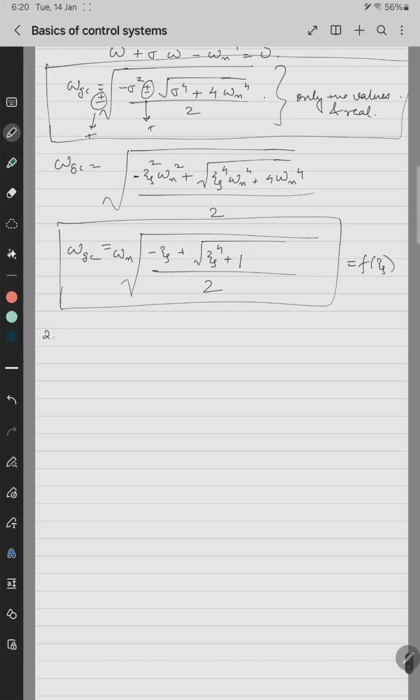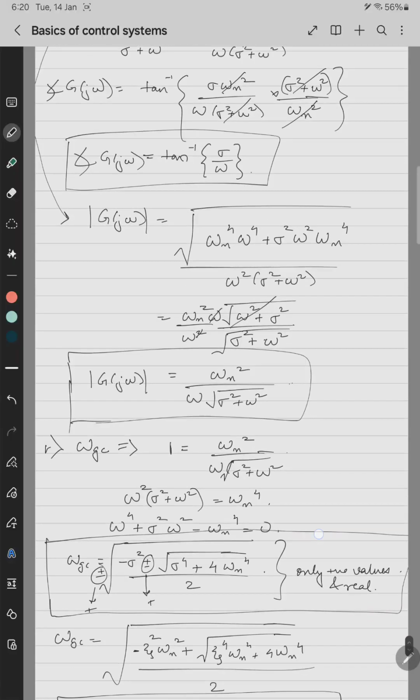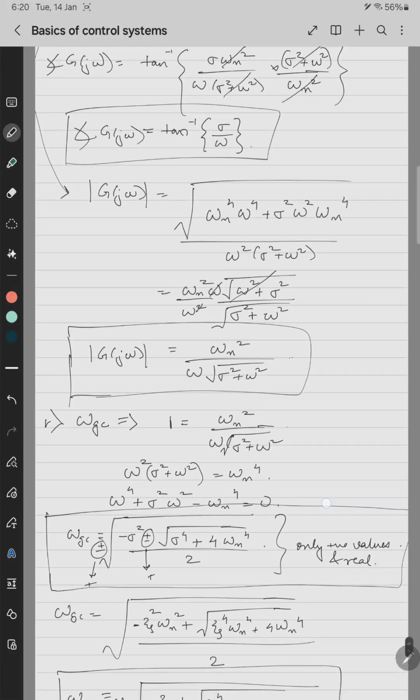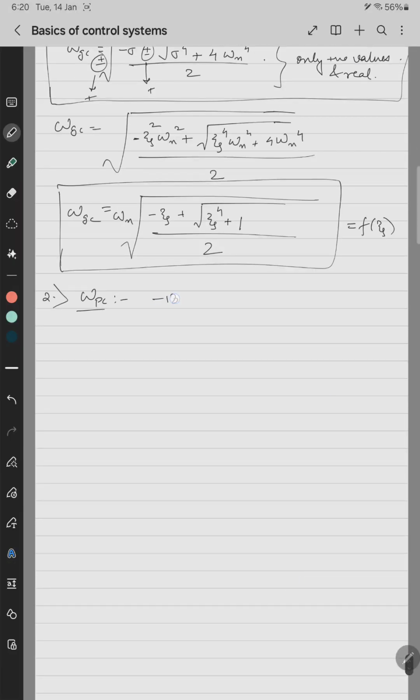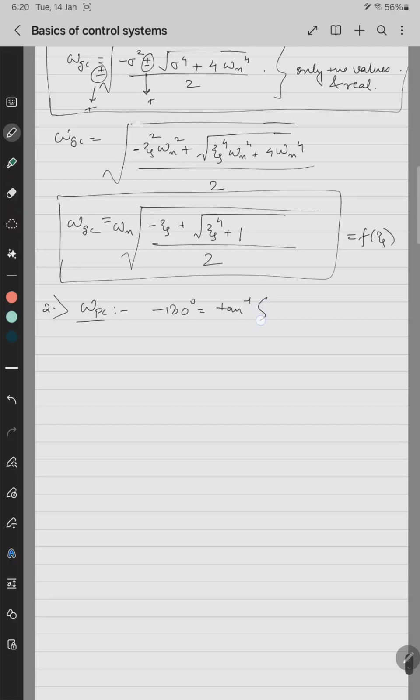Similarly, we can find the omega pc. Omega pc is where the angle is minus 180 degree. So minus 180 degree equals tan inverse of sigma by omega, where omega is omega pc.